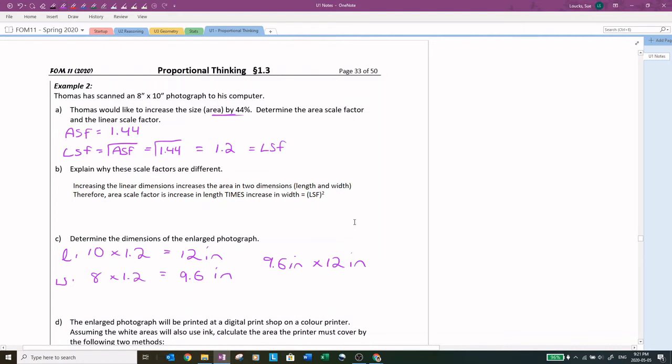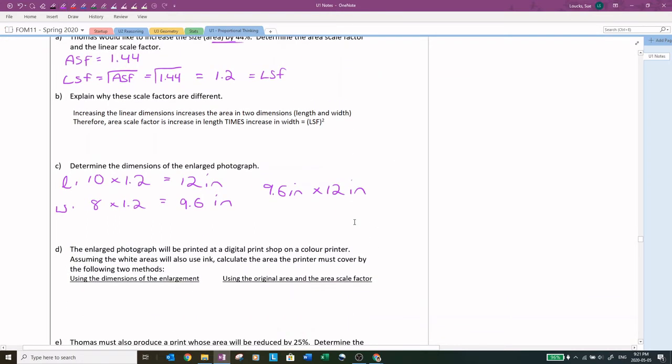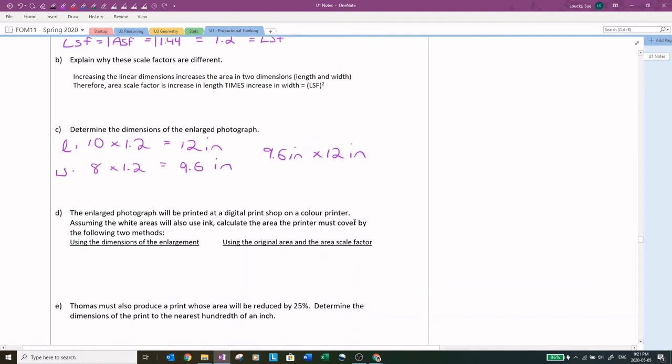The enlarged photograph will be printed at a digital shop on a color printer. Assuming the white areas will also use ink, calculate the area the printer must cover by the following methods. If we use the dimensions of the enlargement, area equals length times width. So it's going to be 12 times 9.6, and that's going to be 115.2 inches squared.